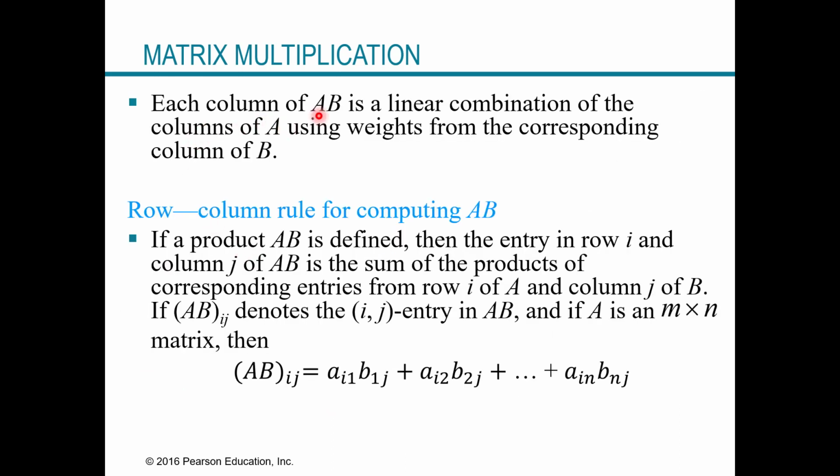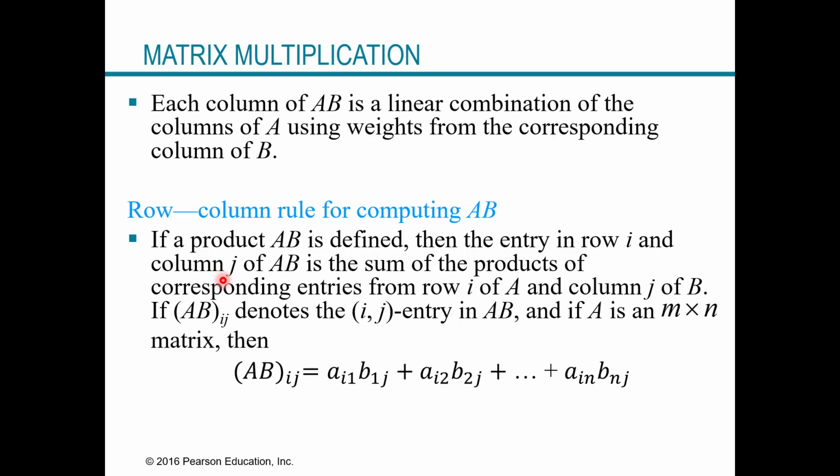Okay, so each column of AB is just a linear combination of the columns of A using weights from the corresponding column of B. And so here's our rule for row-column computing of AB. This is exactly what we just did, but here it is as a rule in general. If a product AB is defined, then the entry in row I and column J, let's put some numbers on here.